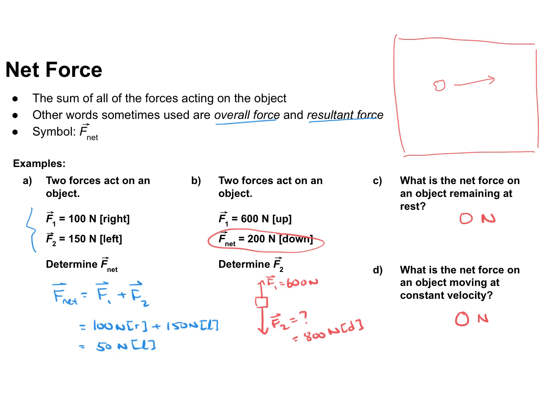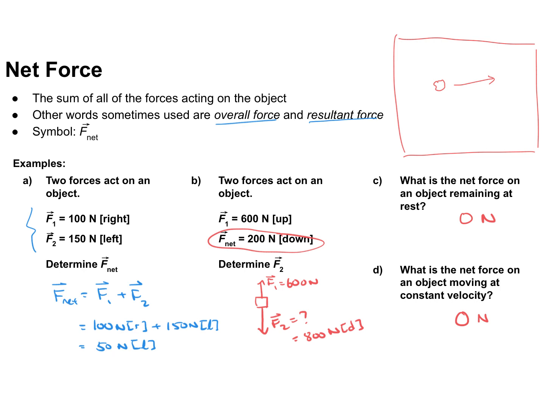We'll just say that this asteroid is not anywhere near any kind of planets or solar systems at all. It's just in deep, deep space with nothing else near it, so there's no gravity influencing it.